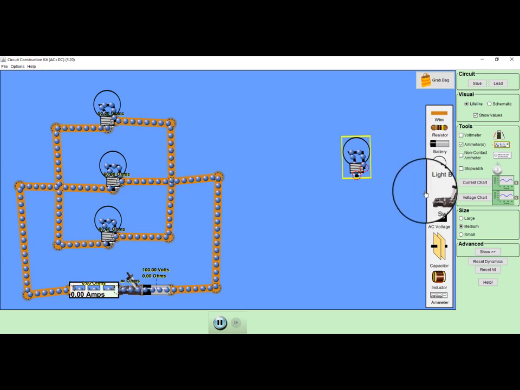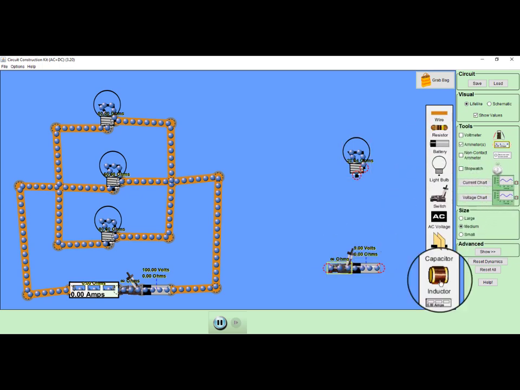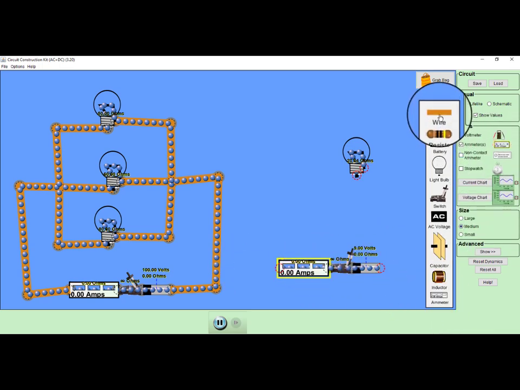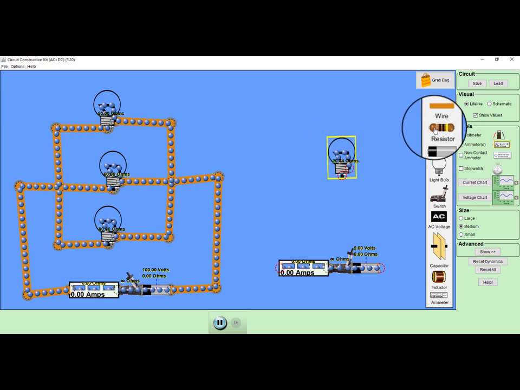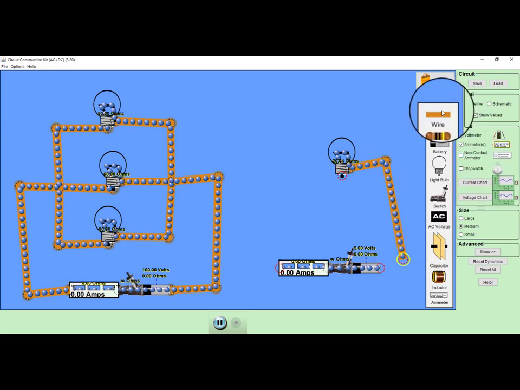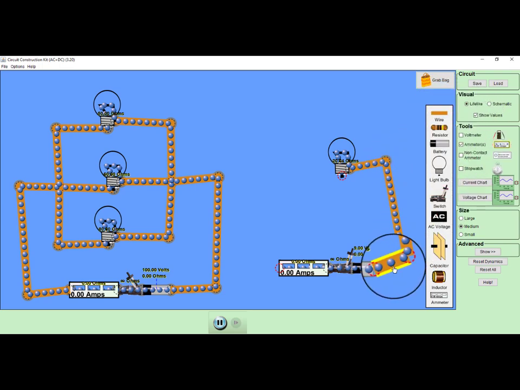Now again, I take a battery, a switch and an ammeter to measure the current, and connect them with the help of wire. So I am connecting the light bulb with the battery with the help of wires.